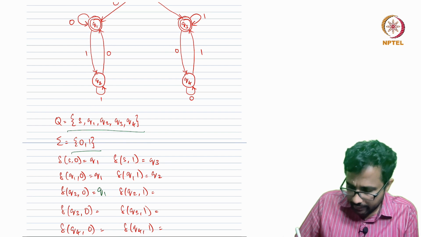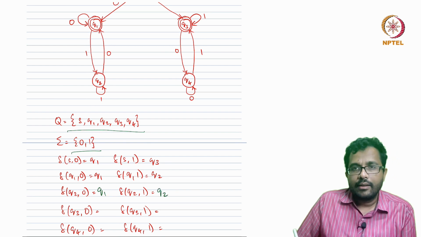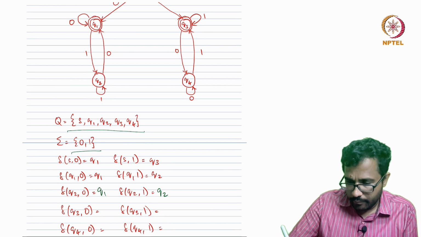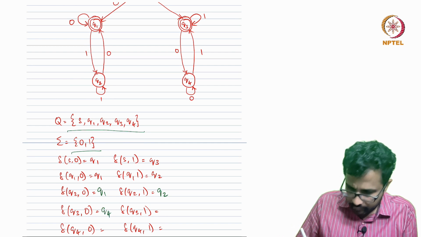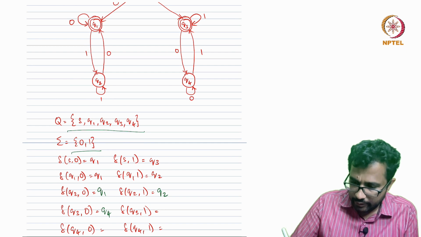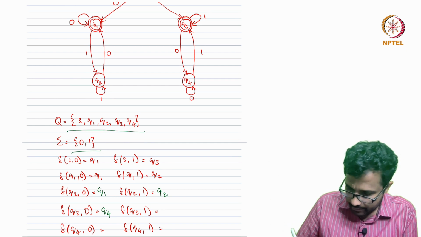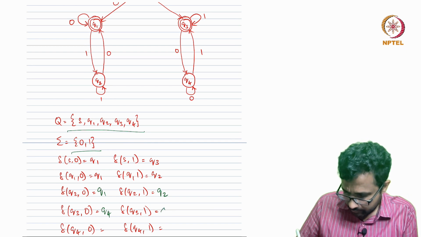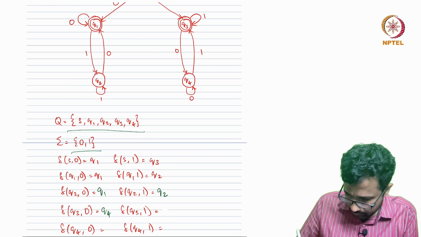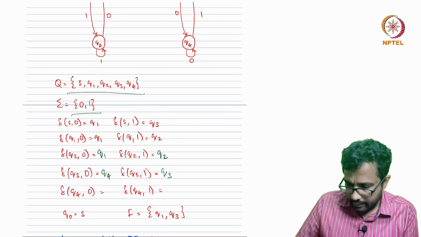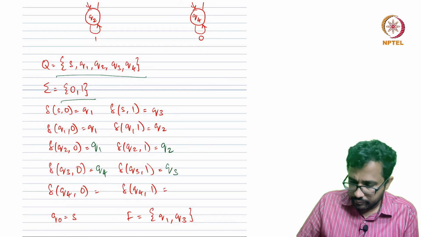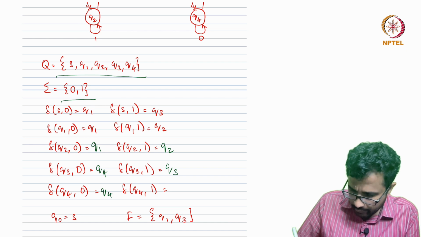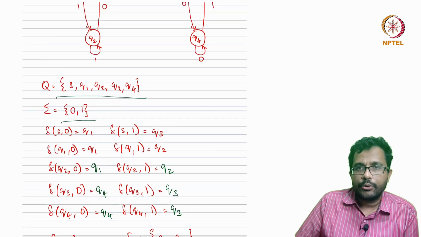Delta Q2 1 is, you remain at Q2. Similarly, delta Q3 0 is Q4, and delta Q3 1 is Q3. And finally, delta Q4 0 is Q4, and delta Q4 1 is also Q3.